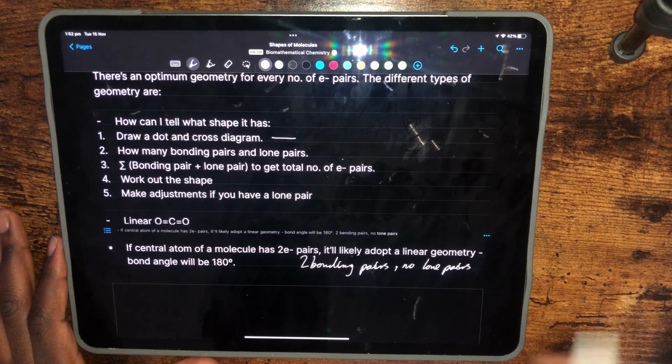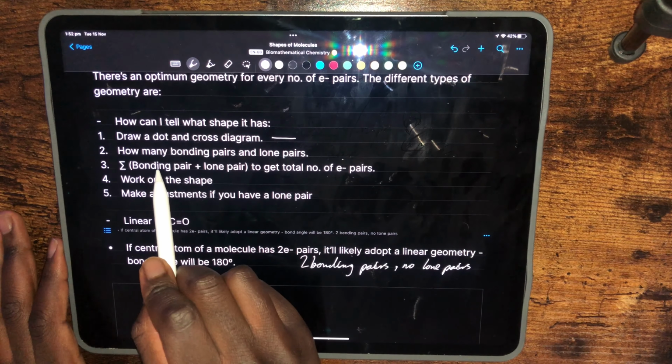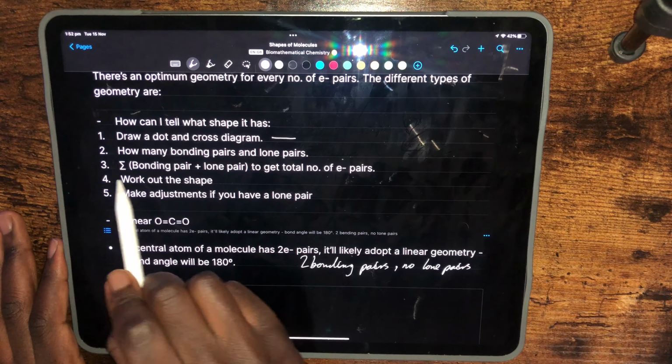So in total, 2 plus 0, 2 bonding pairs and 0 lone pairs, gives 2 electron pairs together. I'll go more into this step 3 a bit later.